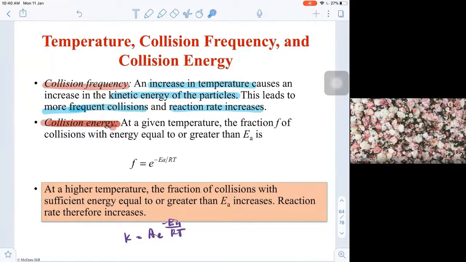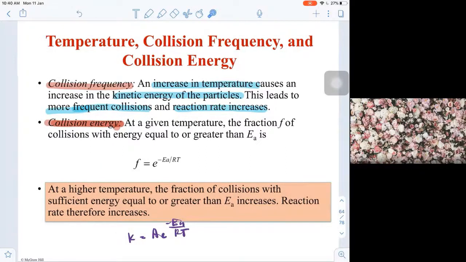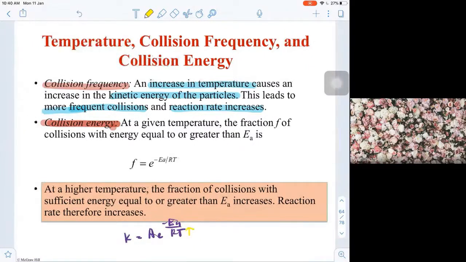From this Arrhenius equation, we observe that the temperature is the denominator of the negative exponent. This is exponent negative and the temperature is the denominator of it, in the rate constant. Since it is the denominator of the negative exponent of the rate constant, it means that when we increase the temperature, it will make k increase.